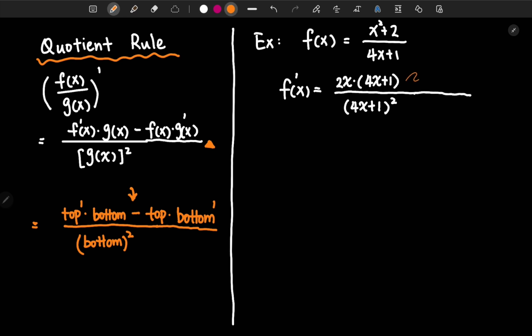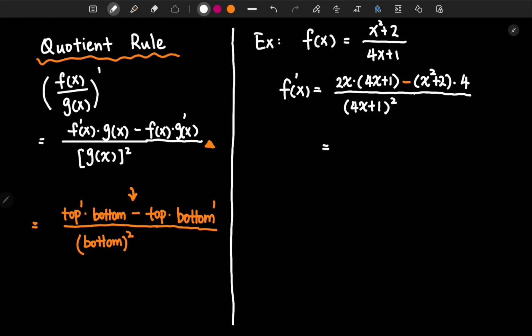Then we want to minus the top function, which we write down as is, x squared plus 2, times the derivative of the bottom function, which is 4. Now we already got our answer.